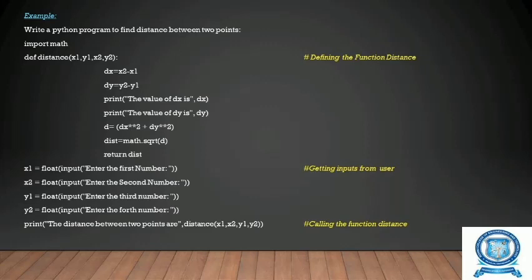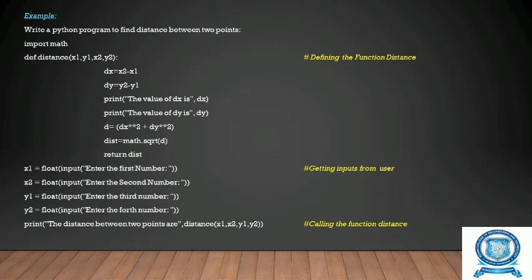So, define distance of x1, y1, x2, y2. These x1, y1, x2, y2 are the parameters that are passed to the function distance. This def distance is the function definition. We are giving dx is equal to x2 minus x1 and dy is equal to y2 minus y1.